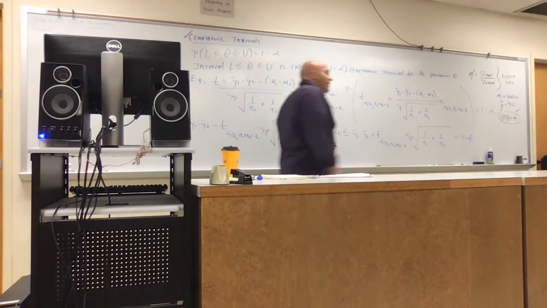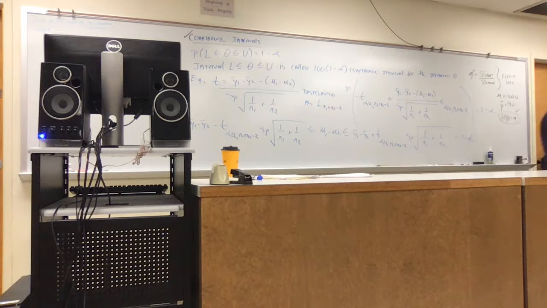So it's tempting to take that interval and make it wider. Making the interval wider is going to increase the probability of capturing what you're after. So making the interval wider will increase the probability of capturing the parameter.